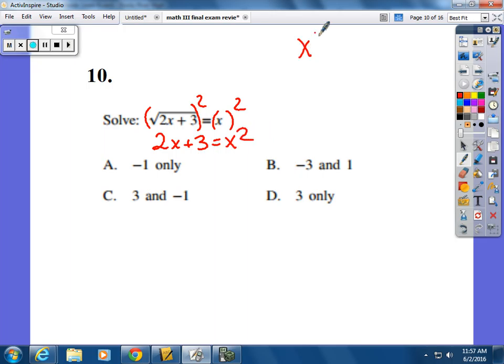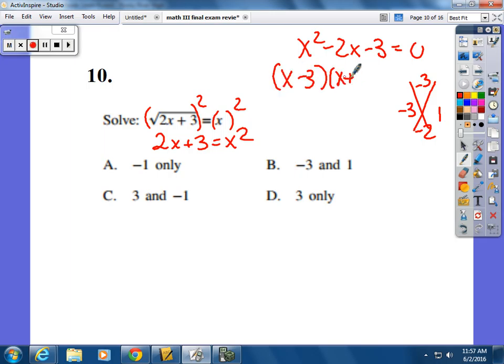So that'll give me x squared minus 2x minus 3 equals 0. And I can factor that. Factors of negative 3 that add up to negative 2 are negative 3 and 1. So I have x minus 3, x plus 1 equals 0. And x can equal 3 or negative 1.